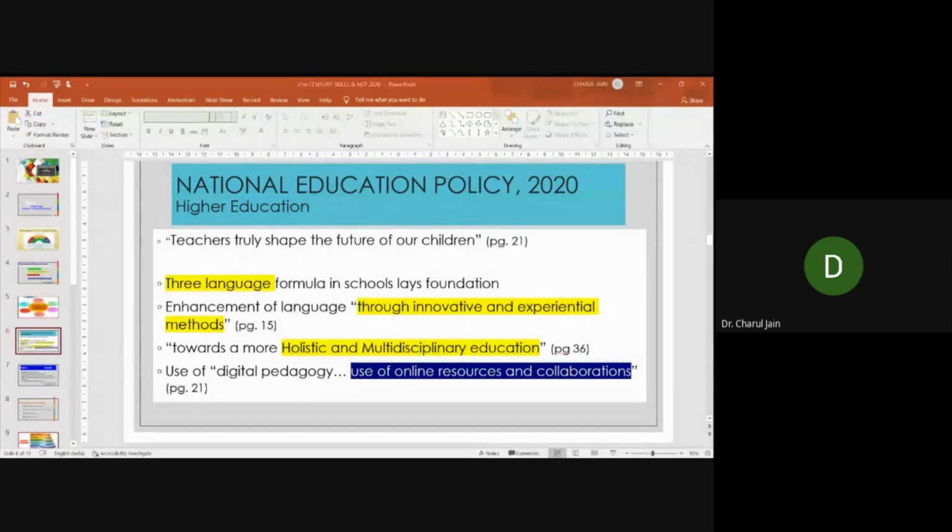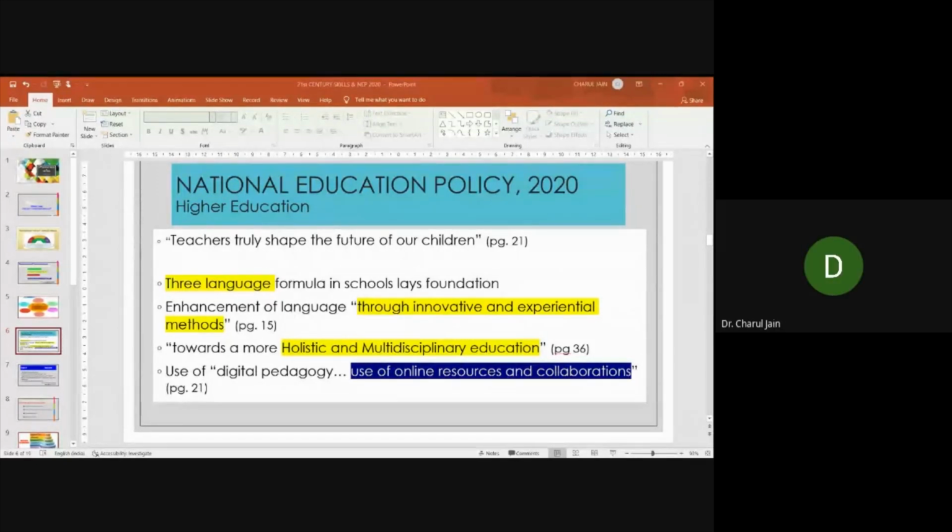Any field is basically multidisciplinary, and therefore what is needed is not compartmentalization of education, but a holistic and multidisciplinary education, which is one of the mainstays.